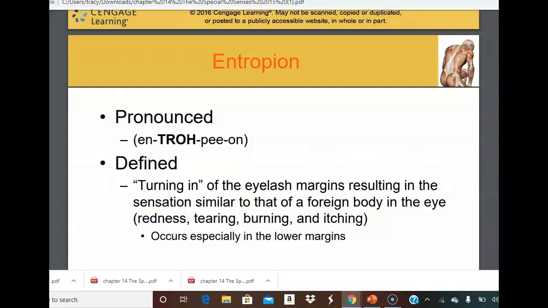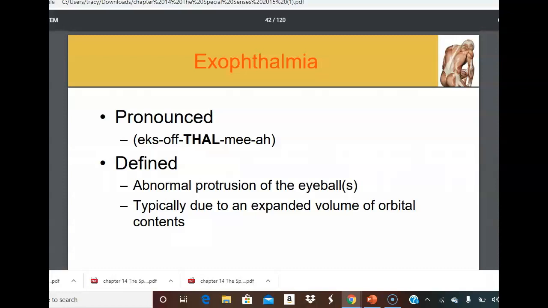It can lead to redness, tearing, all of those symptoms, and it can also cause problems with the cornea or the conjunctiva. So an ectropion is a turning out, and an entropion is a turning in. There are pictures of that later on. These are two things you could get confused, so remember: ectropion is out, entropion is in.